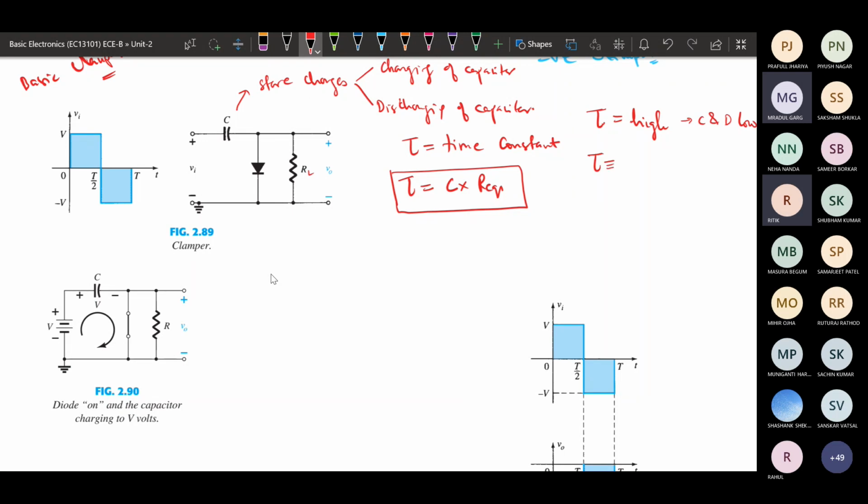If tau is low, the rate of charging and discharging will be high. So the time taken to charge and discharge will be long or short based on the time constant. So in the circuit, before analyzing, we need to also consider the time constant of this circuit. How this time constant is going to affect the charging and discharging, we will also see that.